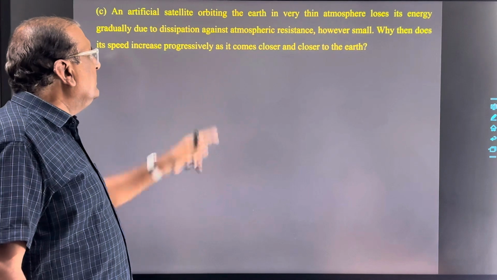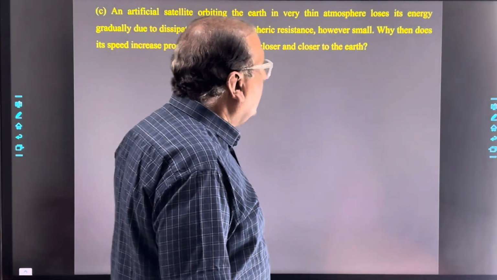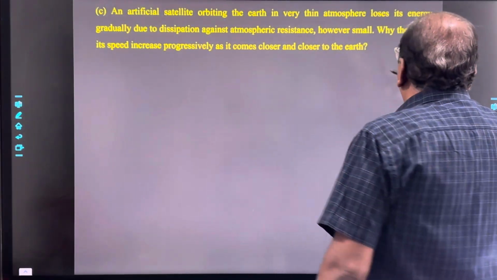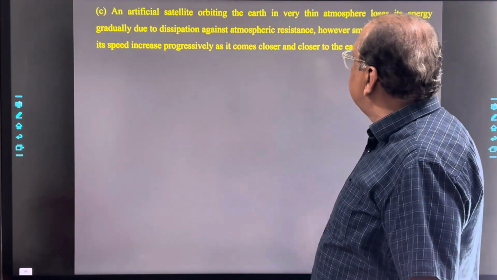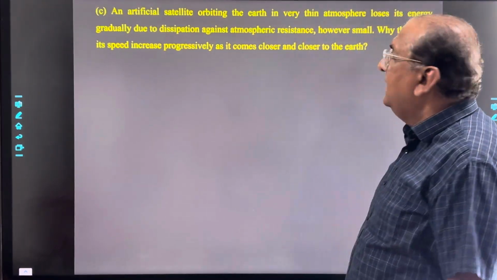Then C. An artificial satellite orbiting the earth in very thin atmosphere loses its energy gradually due to dissipation against atmospheric resistance, however small. Why then does its speed increase progressively as it comes closer and closer to the earth?